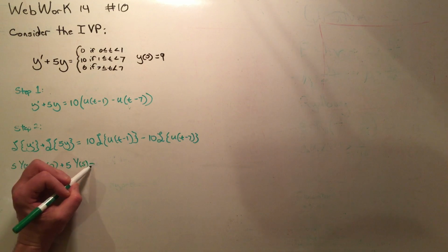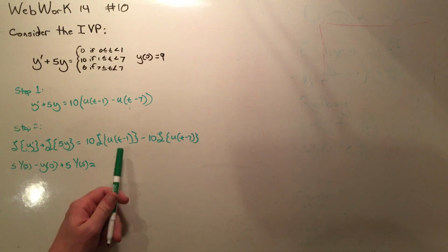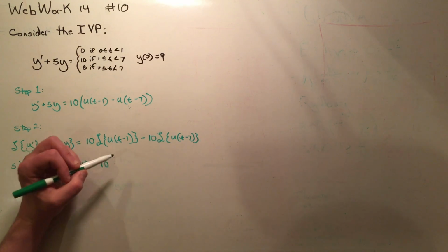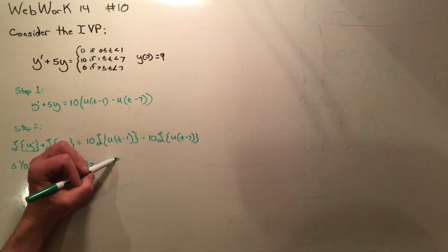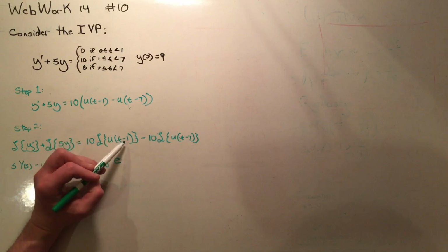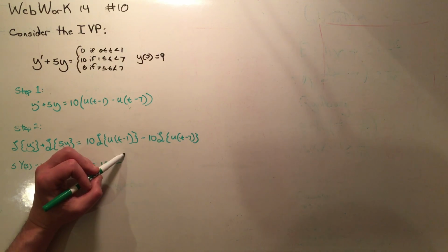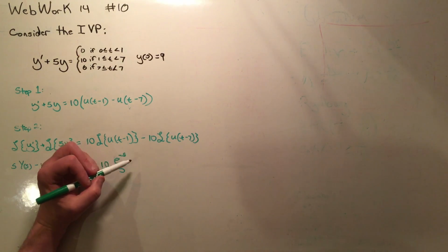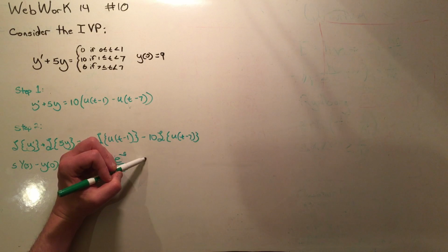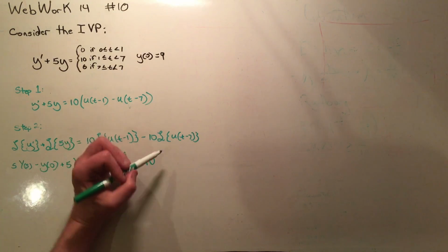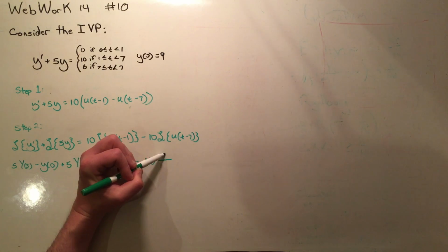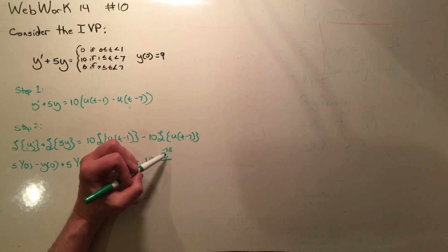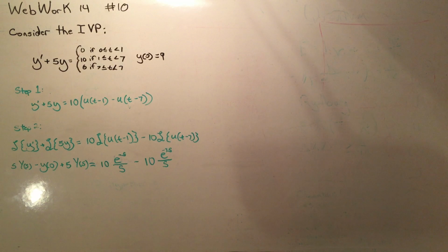Equals the Laplace transform of our unit step function, which is going to be our constant 10 times e to the negative as, where our a here is 1, so we'll just have e to the negative s over s. And subtract, again, our constant stays out front, e to the negative a s, where a is 7, so e to the negative 7s over s.